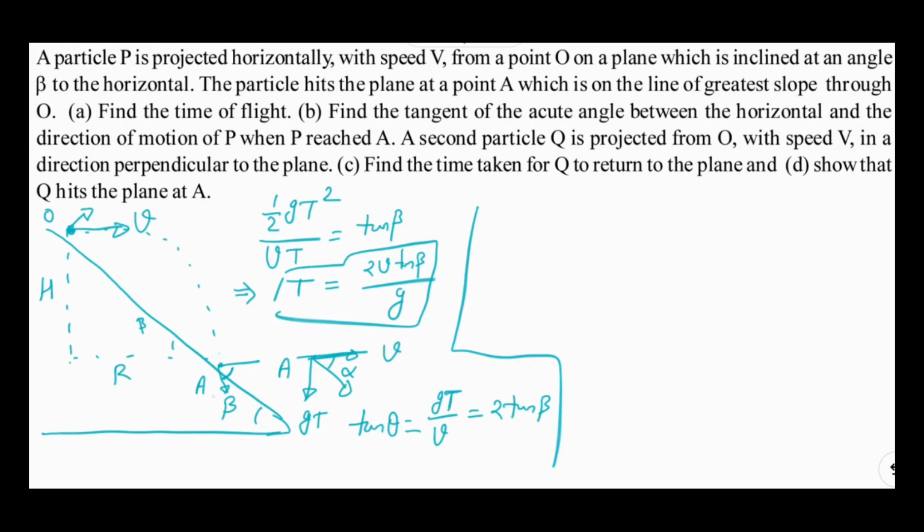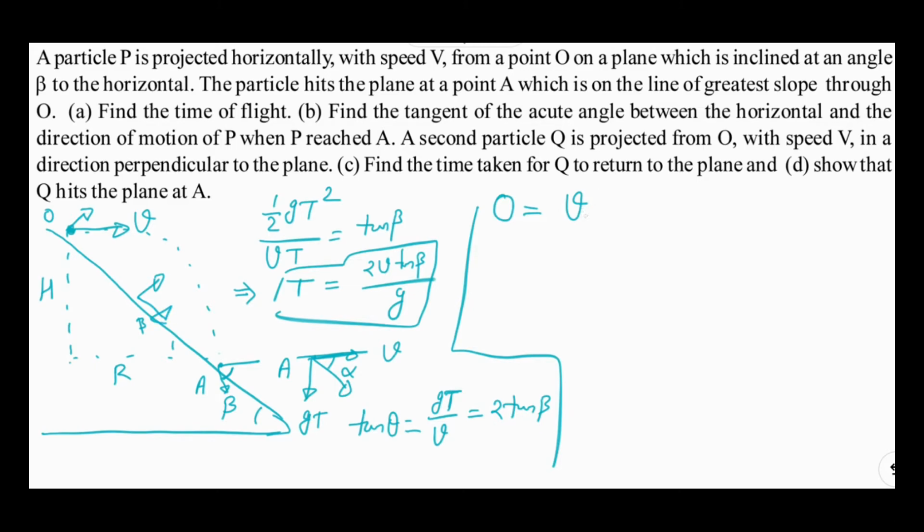When it is reaching the plane again, its displacement in the x direction is there only, but the y direction displacement is 0. So displacement in the y direction is 0, which comes out to be initial velocity in the y direction times t minus half g in this direction into t square. Let us assume the y direction is perpendicular to the plane and x is along the plane.